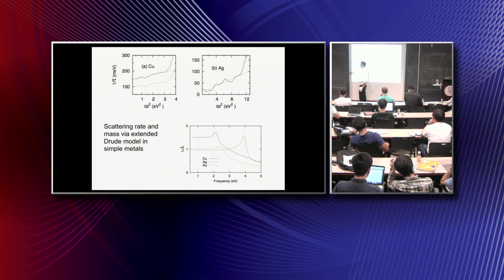And that means if I have non-trivial frequency structure in, let's say, the scattering rate as a function of frequency, I also have non-trivial frequency structure in the mass as a function of frequency. And so that's what you can actually see here. This is 1 plus lambda, and I'm sorry, I didn't define that properly. Lambda is kind of a mass renormalization factor. So if mass is not renormalized, lambda is 0.